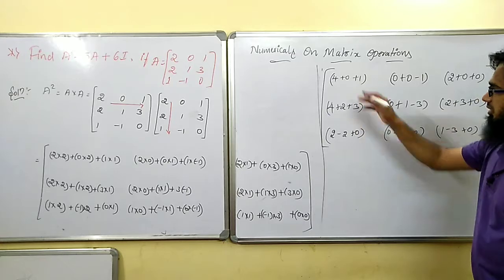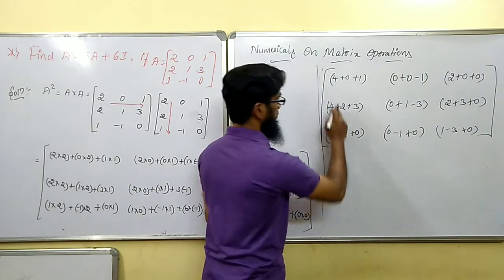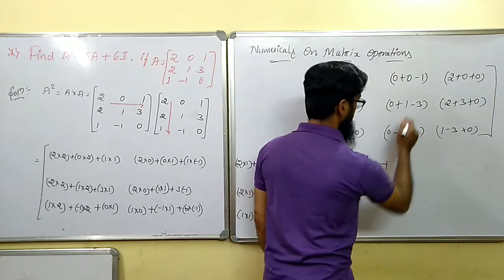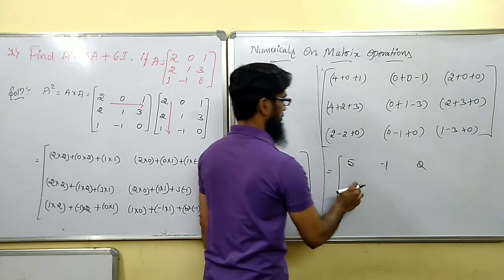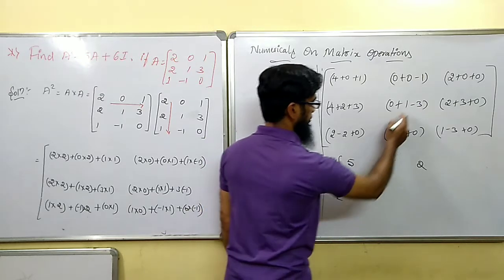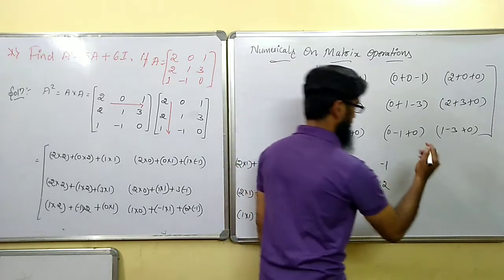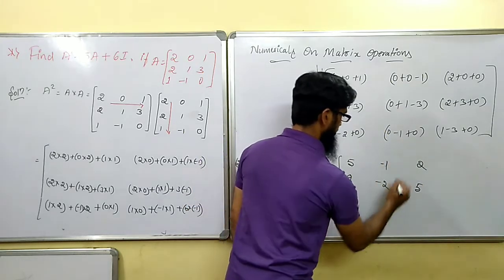Now the remaining part is also a simple thing. So this is 5 is there, 4 plus 1, so this becomes minus 1, so that is 2 here. Now this is 6 plus 3 is 9, so this becomes minus 2, that is a plus 1 minus 3 is minus 2, the last one is 5, so this becomes 0, so this is minus 1.